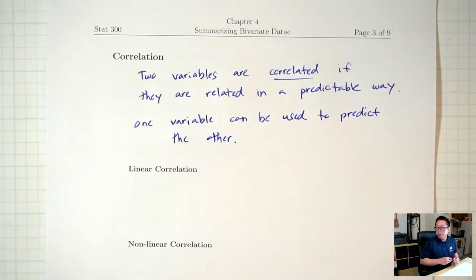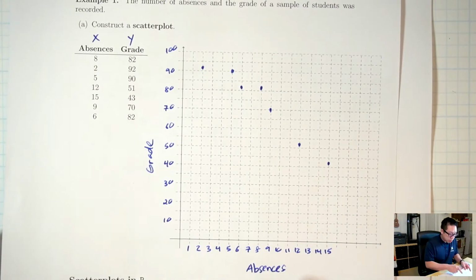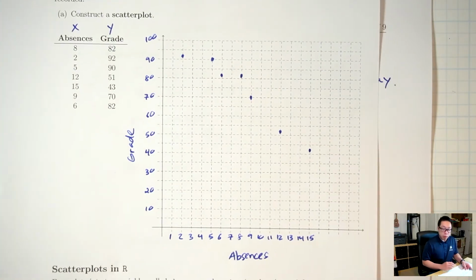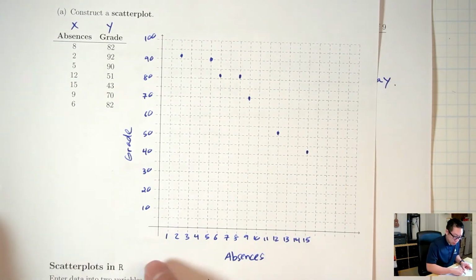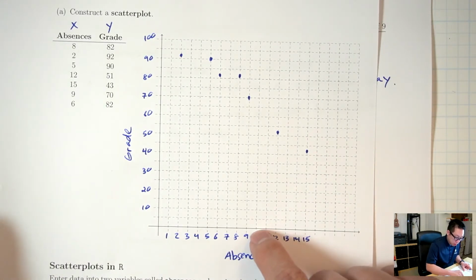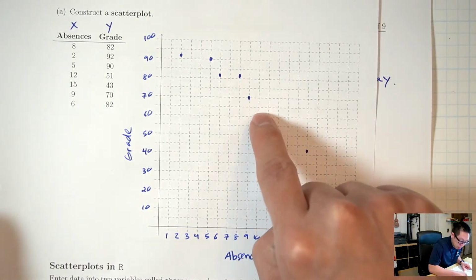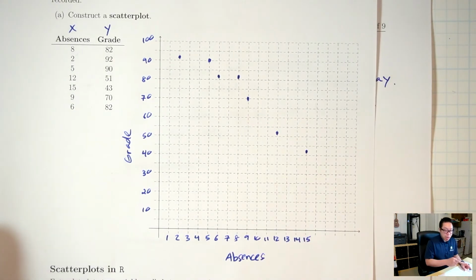And we saw this in the first example. In the first example, we saw that absences and grade were related in the way where we can predict a student who had 10 absences would have a grade of somewhere around 65, right? So absences and grade are correlated.